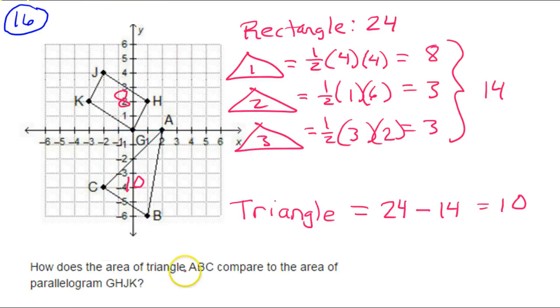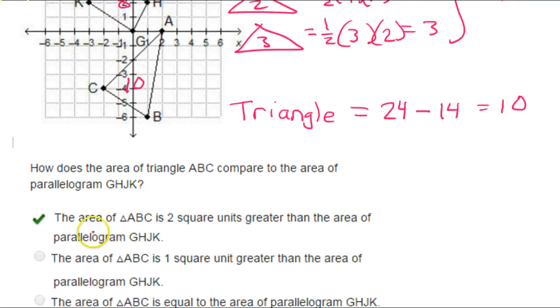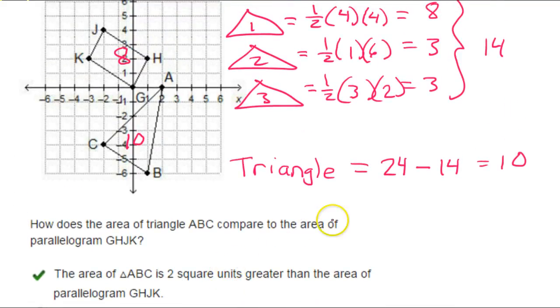So how does the area of the triangle compare to the area of the parallelogram? The area of the triangle is 2 more than the parallelogram. All right, the area of triangle ABC is 2 square units greater than the area of the parallelogram. That's what we just said. Kabam.